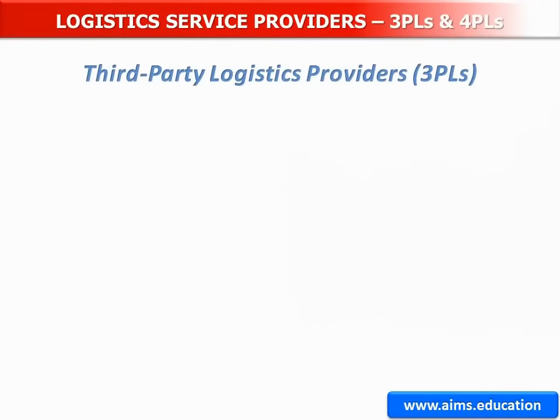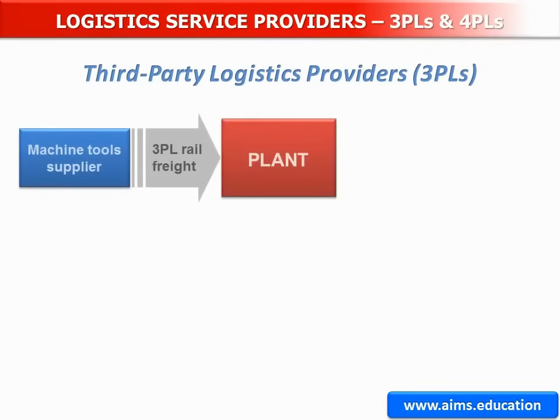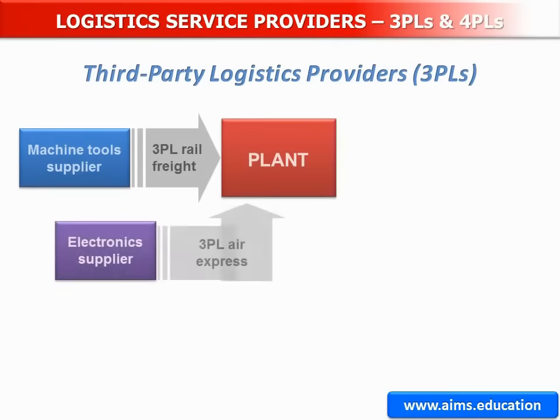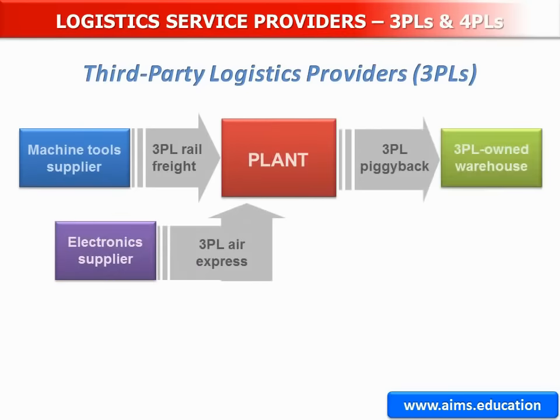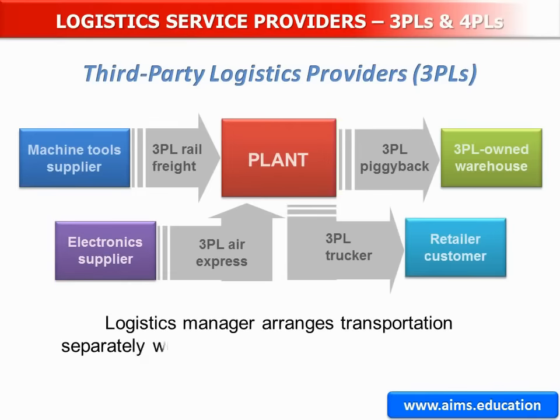A third-party logistics provider may be a specialized provider that focuses, for instance, on airmail or over-the-road transport, or warehousing. It may also be a multi-purpose logistics provider capable of taking over the entire logistics function. Here, the logistics manager arranges transportation separately with several third-party logistics providers.